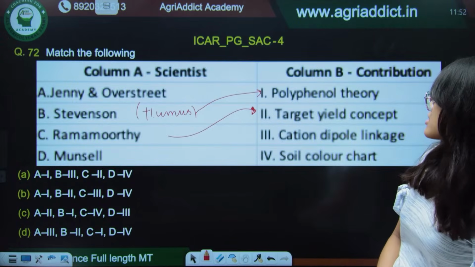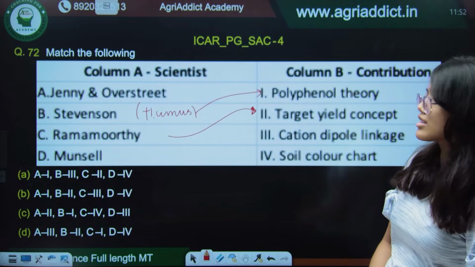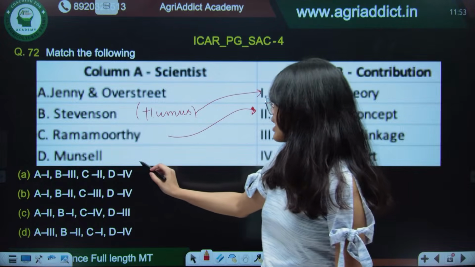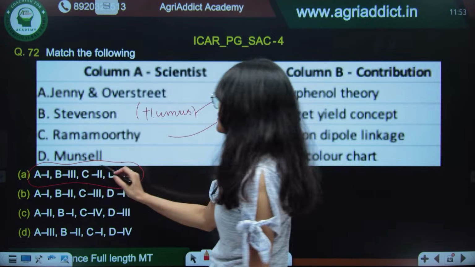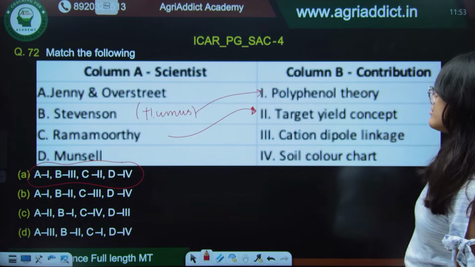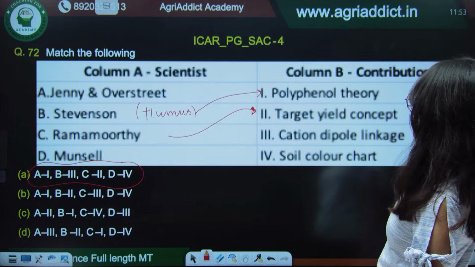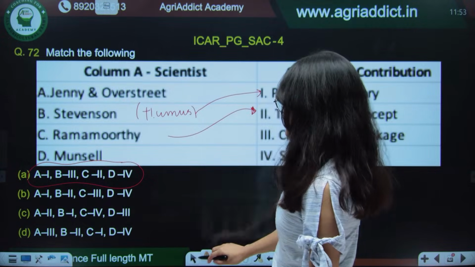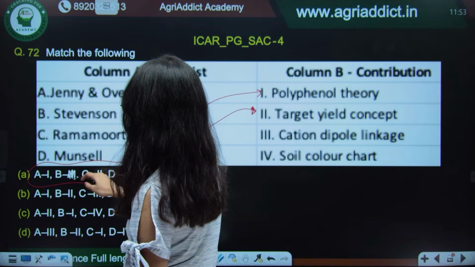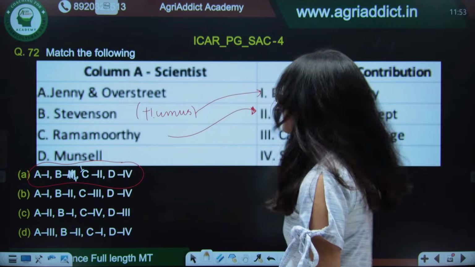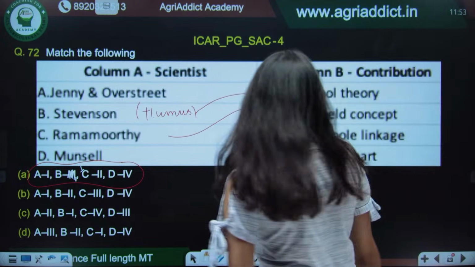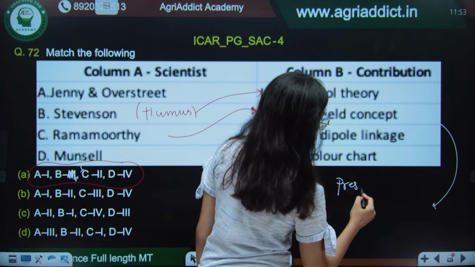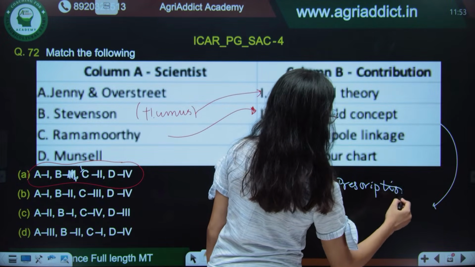No, option number C will not be the correct answer because C is 2 and only one option has that. That is option number A. But no, again B is 1 over here. Because I think there is some mistake with the options. B is 1. Okay, so let's solve it. So Ramamurthy, he gave the targeted yield concept, and this targeted yield concept is also called as prescription approach.